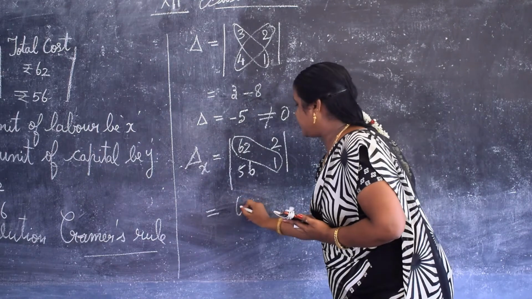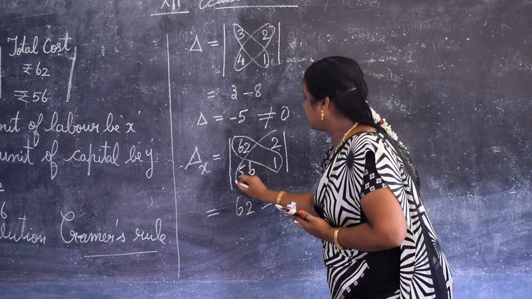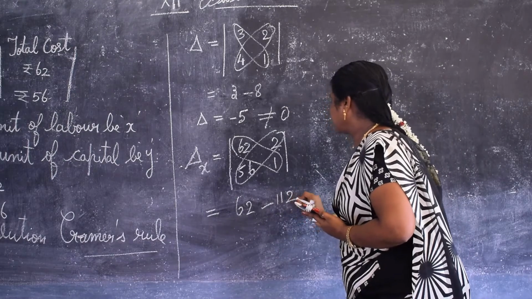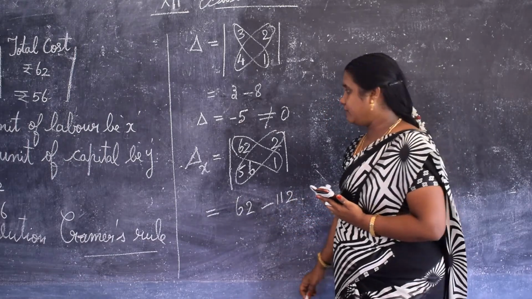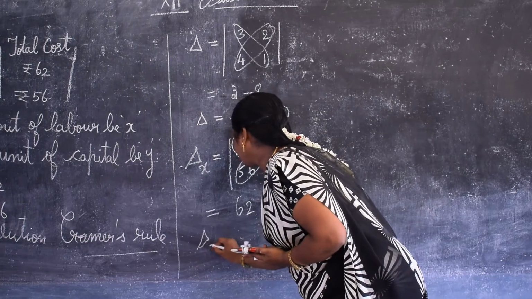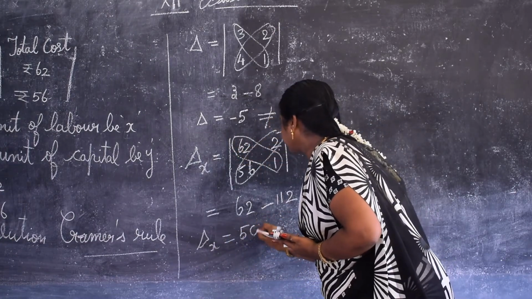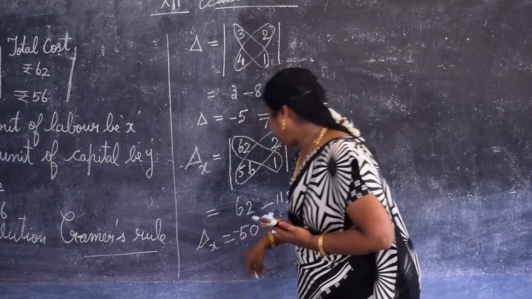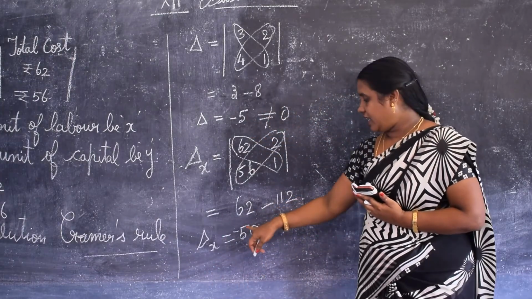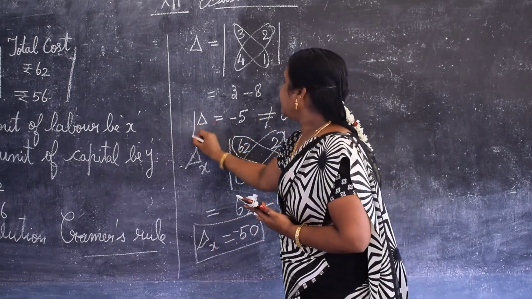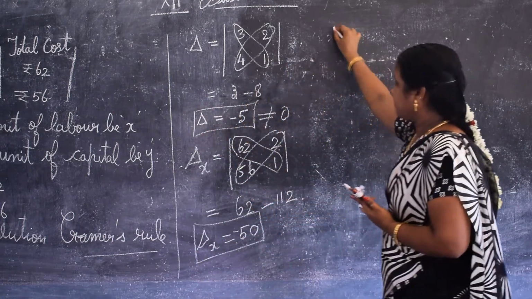Multiply 62 by 1, minus 56 into 2, which is 112. Now subtract this, our delta x is 62 minus 112. You have to write the greater number's sign. So our answer is minus 50. Our delta value is minus 5.